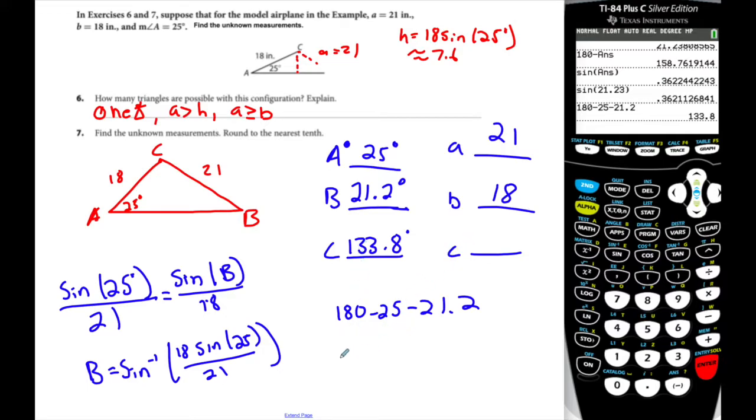In this case, I have to use this sine. I don't like the idea of using the sine of something I know is not an exact answer, but that's the part that has the unknown variable in it. Do I use sine A or sine B? I'm going to use sine A, because we know that A is exactly 25 degrees.